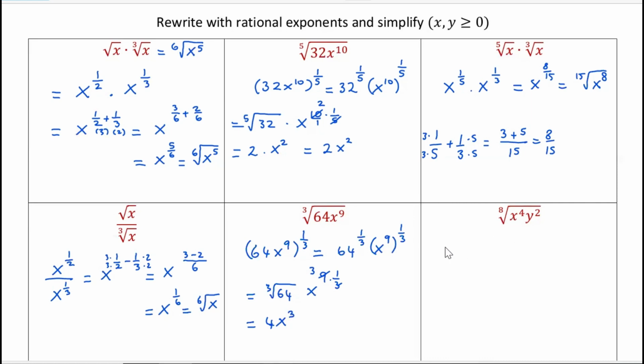And the last example, we have x to the 4th y squared raised to the power 1/8. So again, use the product raised to a power rule to raise x to the 4th to the power 1/8 and y squared to the power 1/8. So the first one, using the power rule, can be rewritten as x to the power 4 times 1/8.